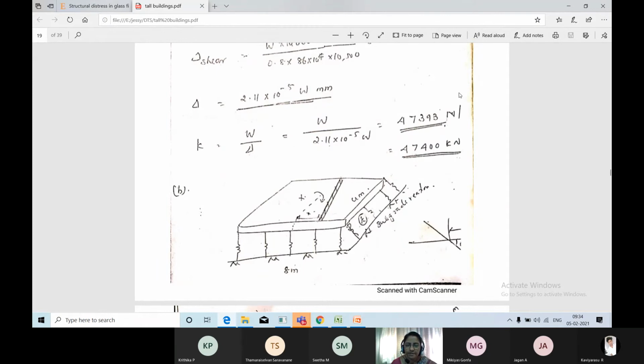Can you get some inference from this? Ma'am, the stiffness increased in the second one.